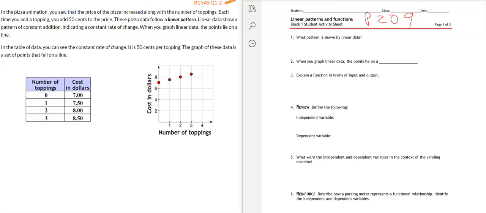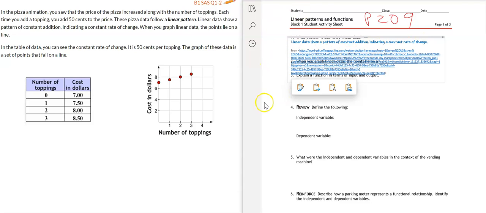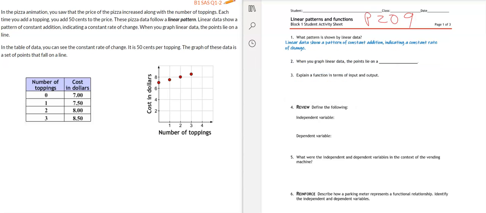It says here, linear data show a pattern of constant addition, indicating a constant rate of change. So that's exactly what we are going to put down on our page here. So what pattern is shown by linear data?